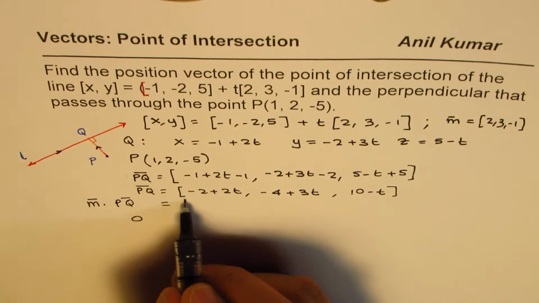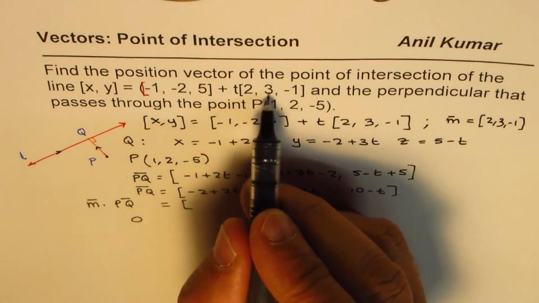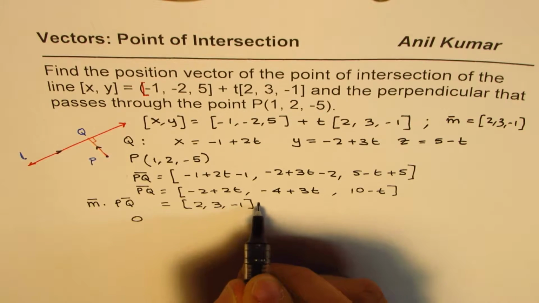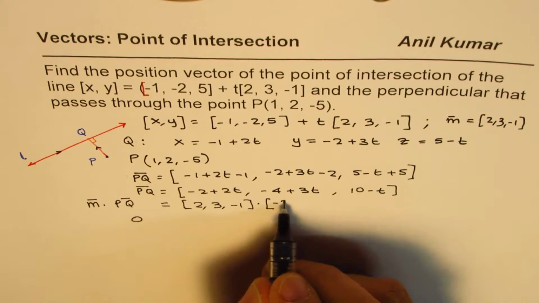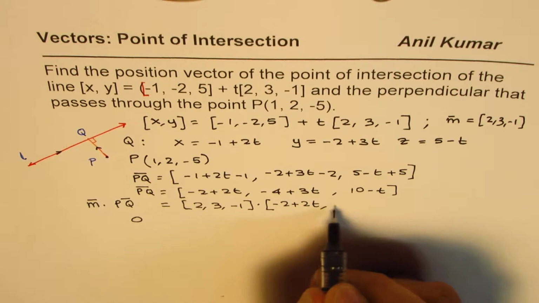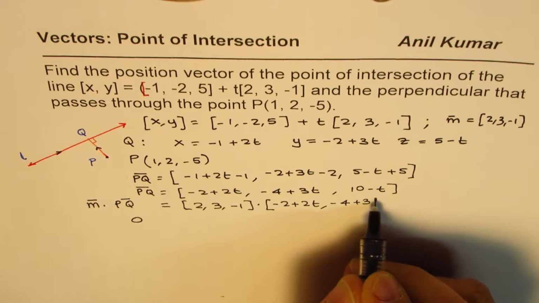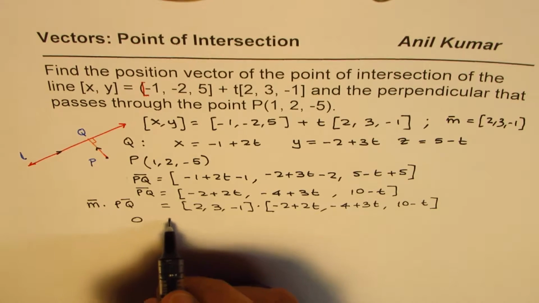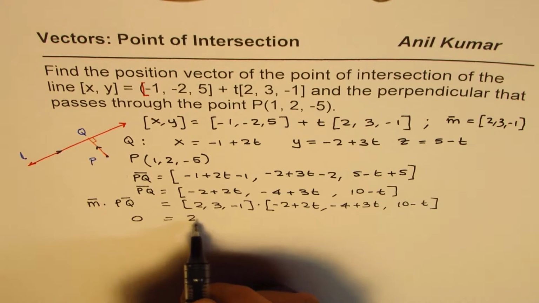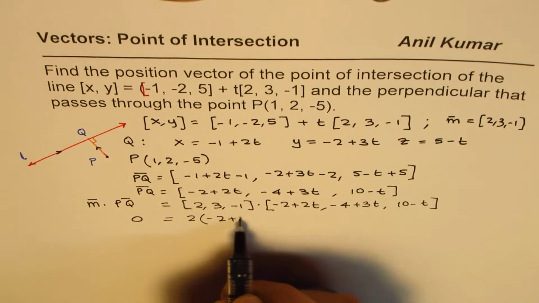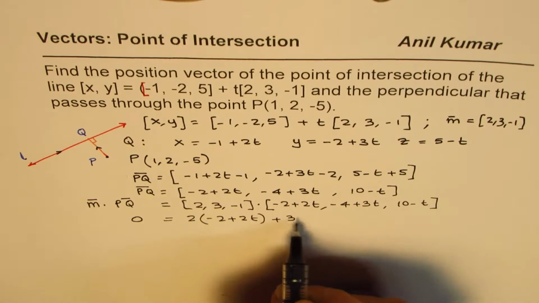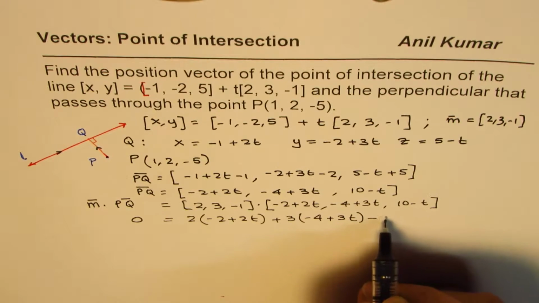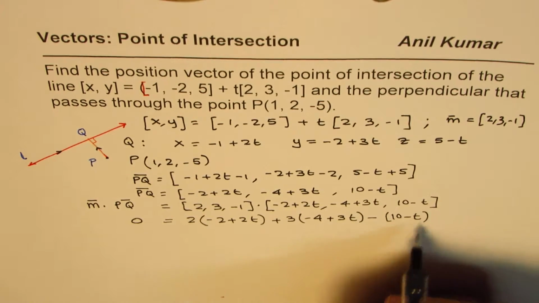M is (2, 3, -1), PQ is (-2 plus 2t, -4 plus 3t, 10 minus t). Now we can multiply. So we have 2 times minus 2 plus 2t, plus 3 times minus 4 plus 3t, plus minus 1 times 10 minus t.